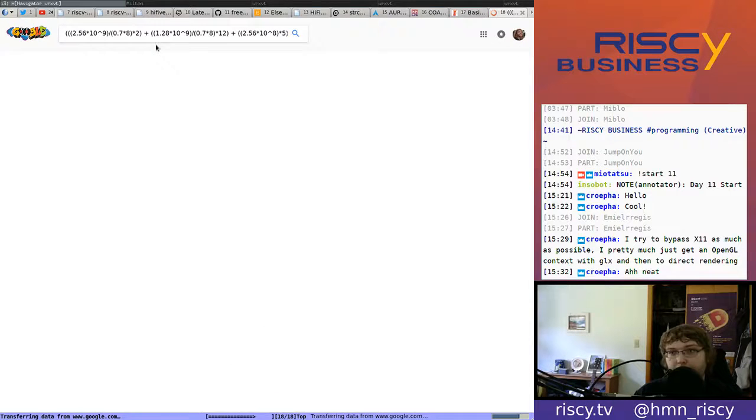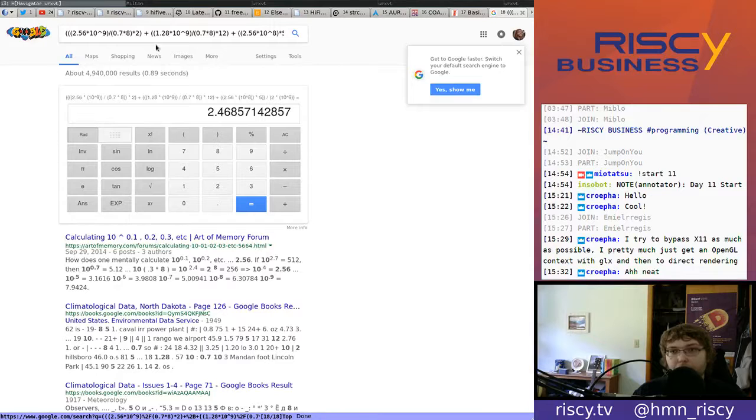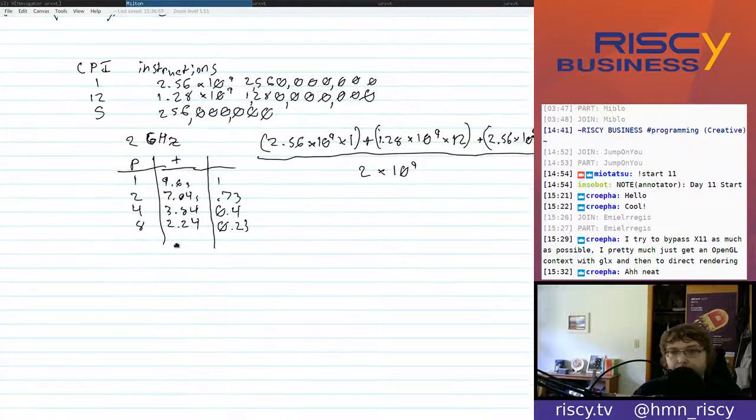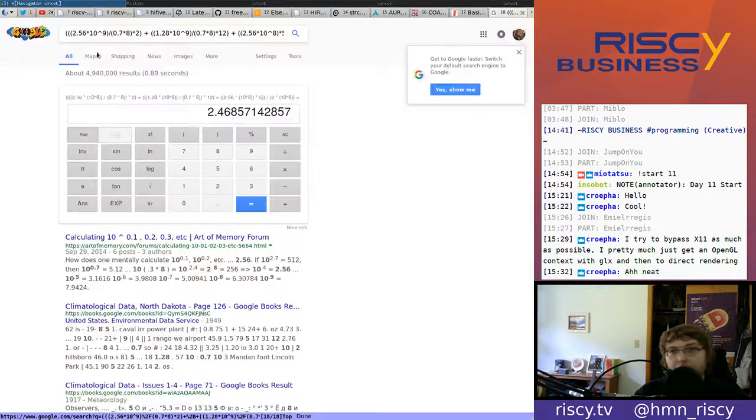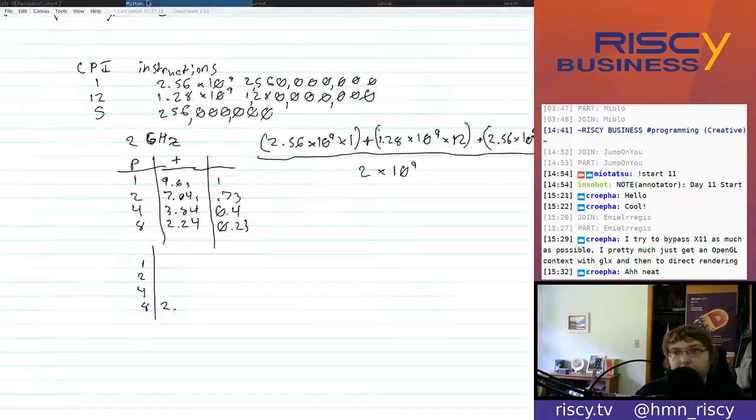This is going to be the answer for 8 cores. So for 8 cores, we get 2.46. So let me make a new table here. So I'm just going to put the time right next to it. So this one was 2.48, I think. 2.46. Let's round it to 2.47.